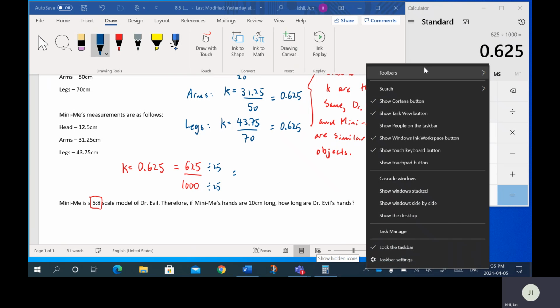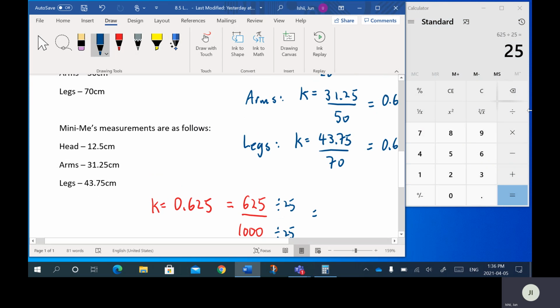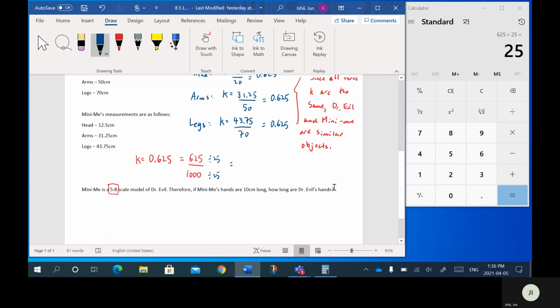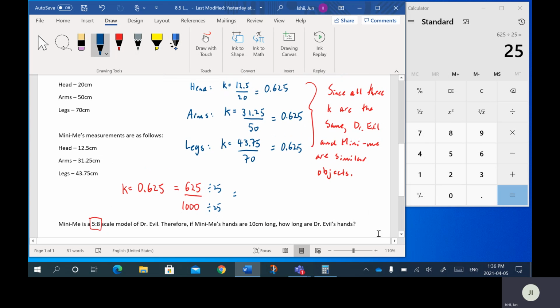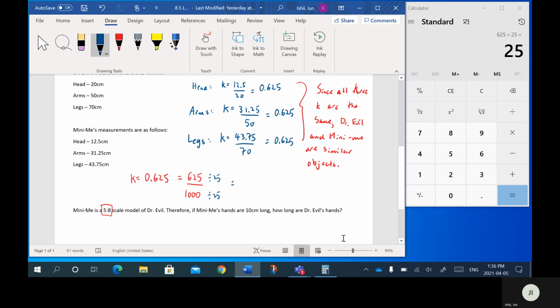I can divide by 25, I believe. So 625 divided by 25 is 25. Oh, I can divide by a larger number. My bad. You can actually divide by 125.